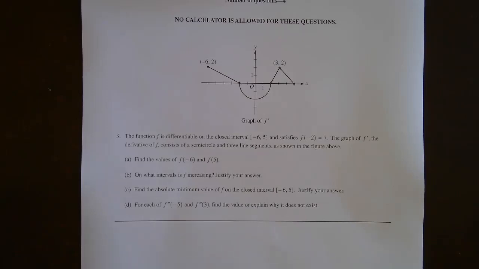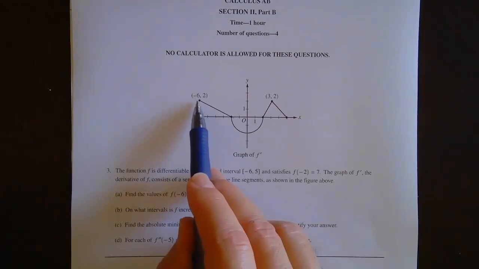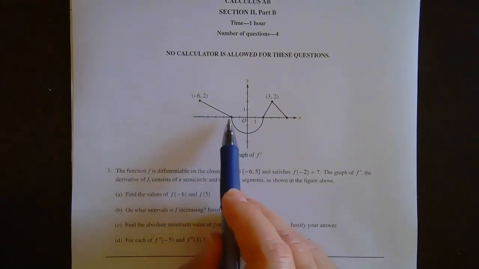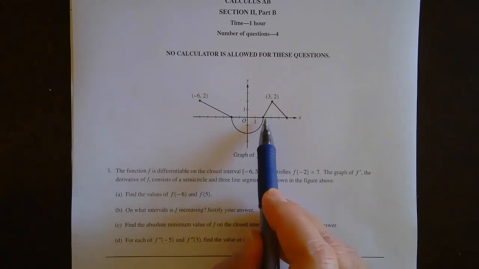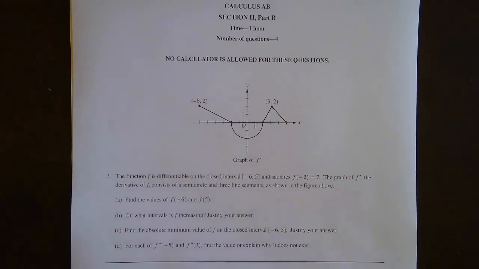All right, so let's go to my paper, and I'm going to answer this. Grabbing the graph, I know that f prime is positive from -6 to -2, including -6 and not including -2, because it's 0 there. And it's also positive between 2 and 5. So that's where f prime is positive.